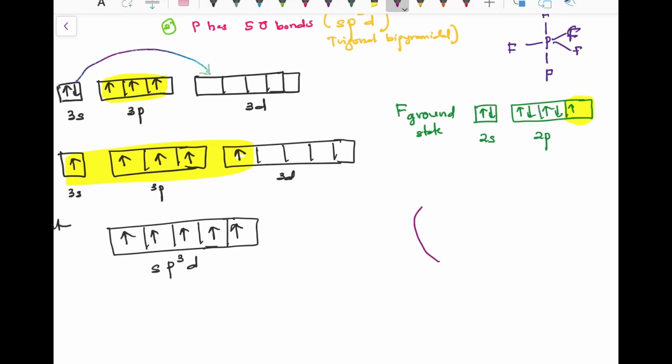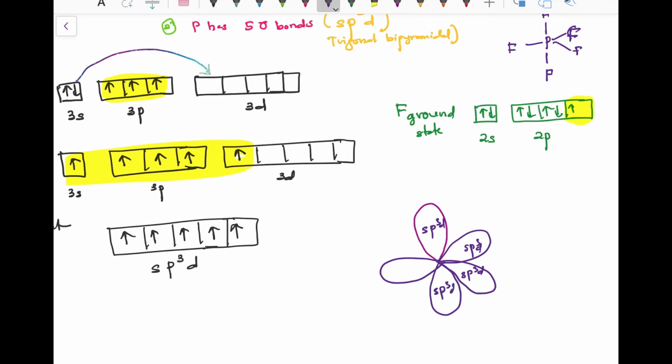So we have one sp3d, another one sp3d, another one sp3d, and we have 1, 2, 3. This represents sp3d, sp3d, sp3d. So each brings 1 electron, 1, 2, 3, 4, 5. The atom is phosphorus.